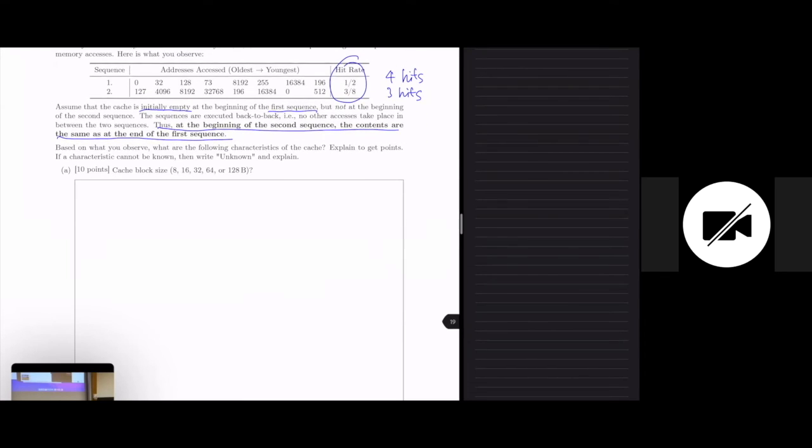The first question is to reverse engineer the block size.